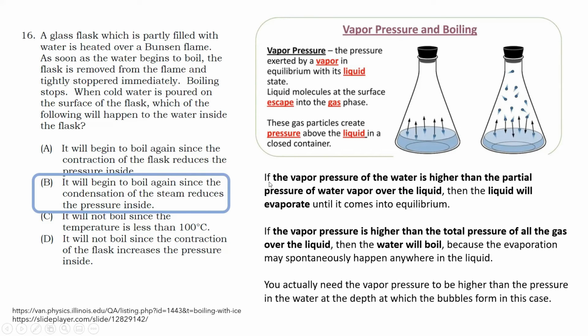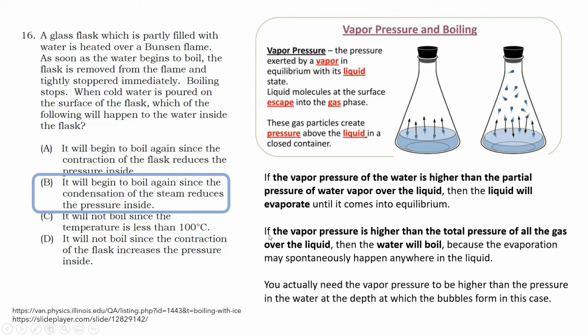So yung concept dito sa experiment na to, if the vapor pressure of the water is higher than the partial pressure of water vapor over the liquid, then the liquid will evaporate until it comes into equilibrium. So, magbo-boil muna yung water and mag-e-evaporate yung water until it comes into equilibrium.